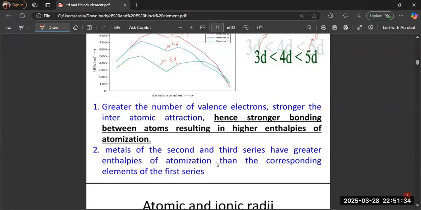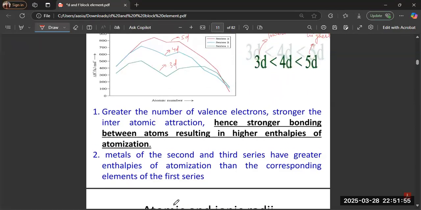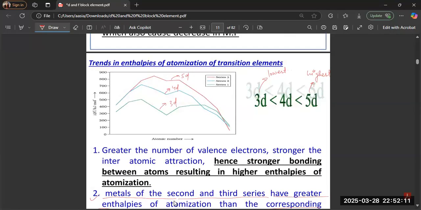Just the opposite is seen in the 3d series. The metals of the second and third series have greater enthalpies of atomization than the corresponding elements of the first series. Just remember that, it's important. Okay, so we have discussed the enthalpy of atomization.